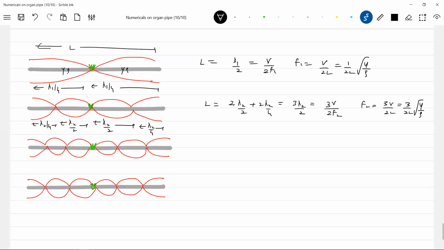Okay, one more, we'll write it. Then it'll be easy for us to generate the equation.